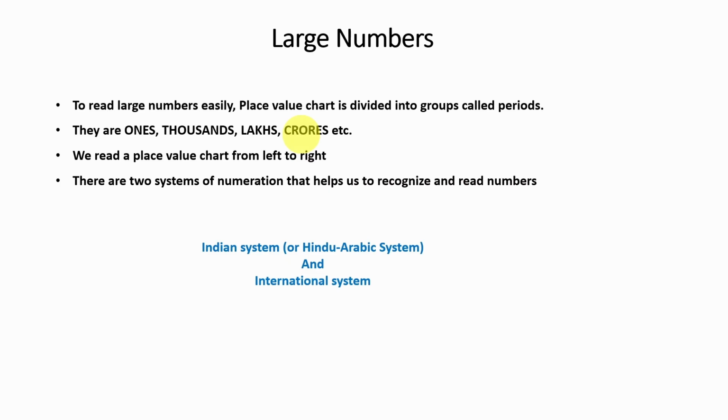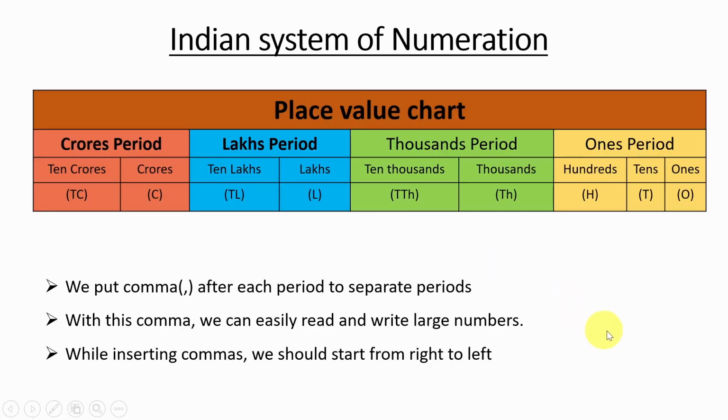Let me explain about the Indian system. See here. This is the place value chart of the Indian number system. Here ones, tens, hundreds belong to one group, and that group is called the ones period.